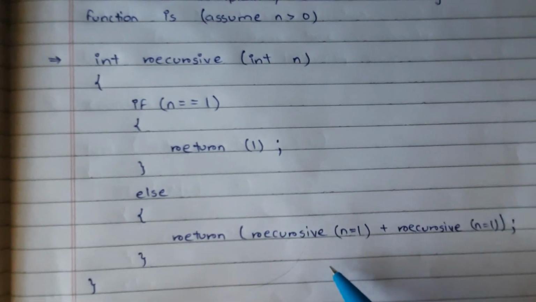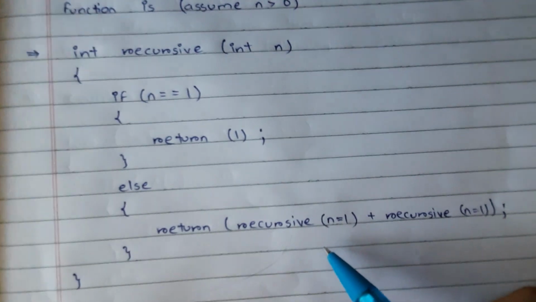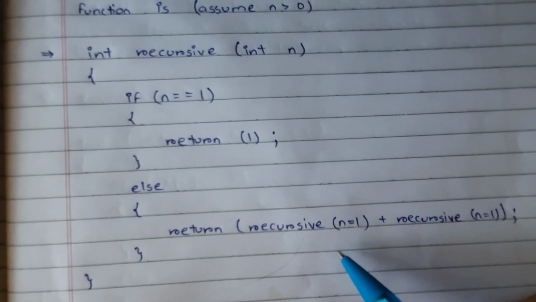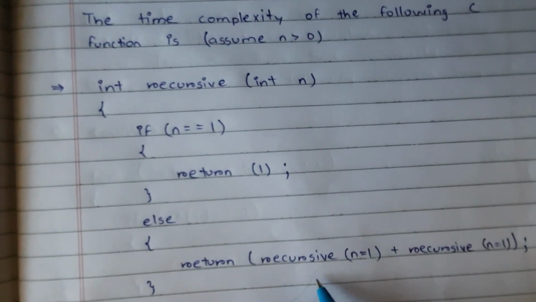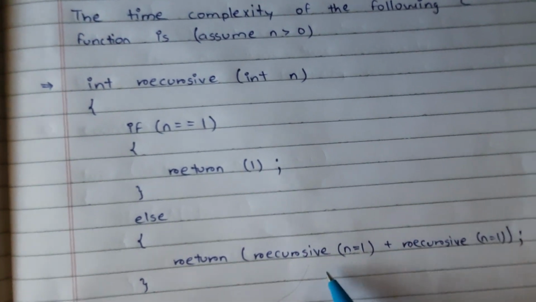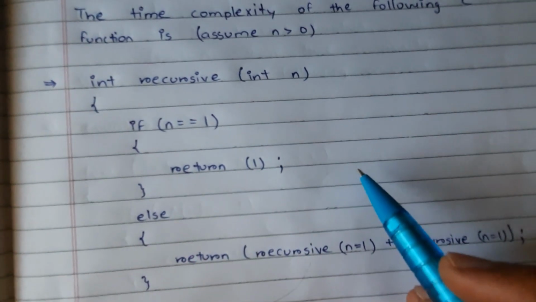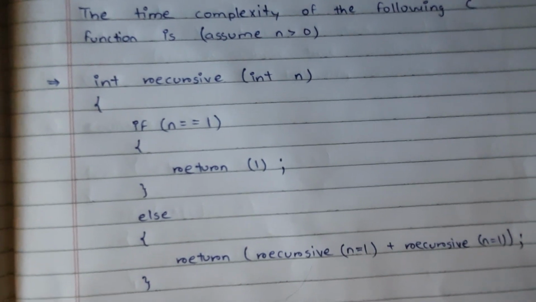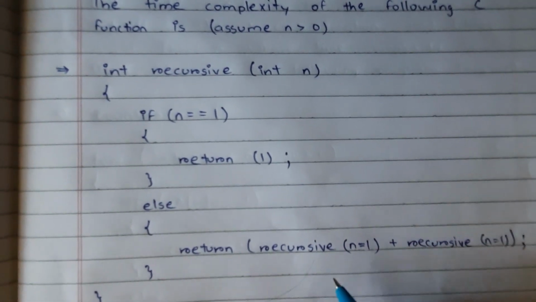Now let us see how to calculate the time complexity of this recursive function. As mentioned here, the function makes two recursive calls for each input value, and each recursive call makes two more recursive calls, and so on. So this creates a binary tree of recursive calls.